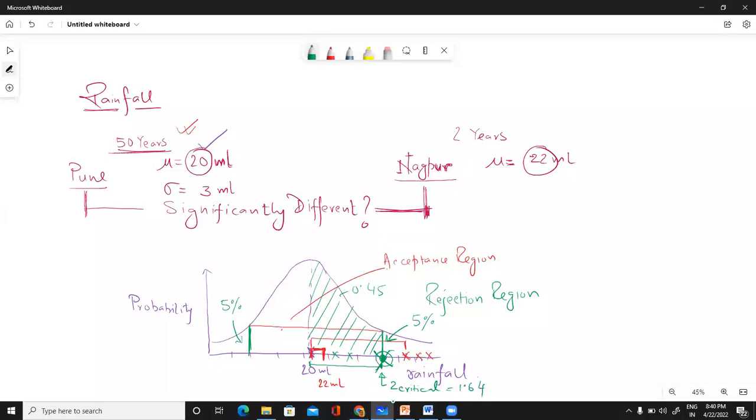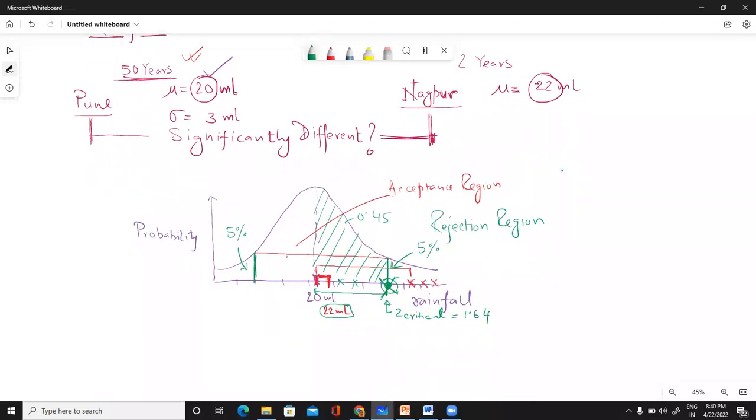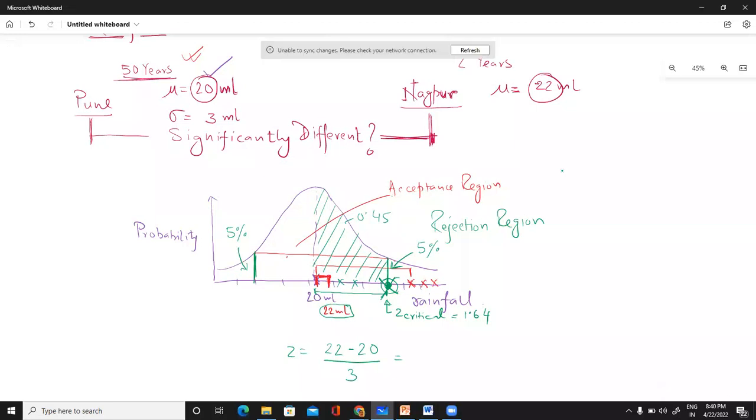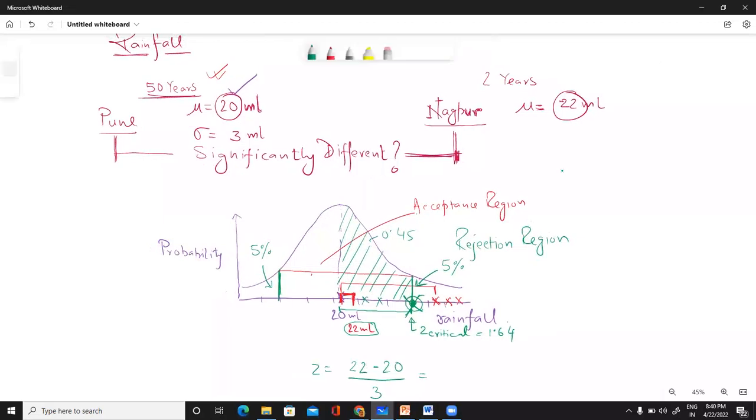Now we want to find the z value of the new value we got. How will we find it? The z value of this new value is 22 minus the mean divided by the standard deviation, which is 3 ml. So this is 2.